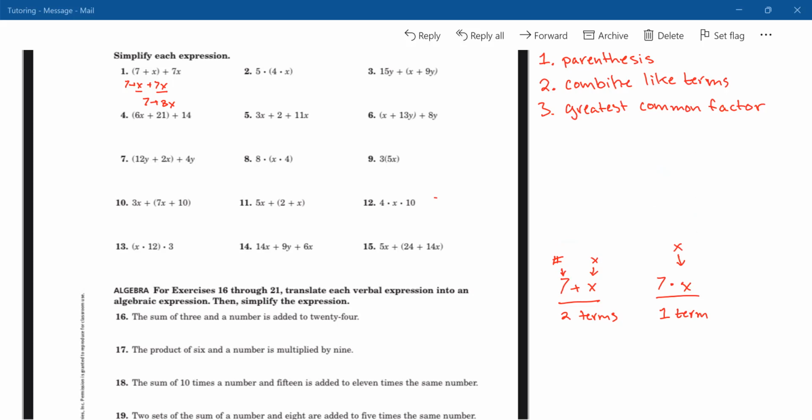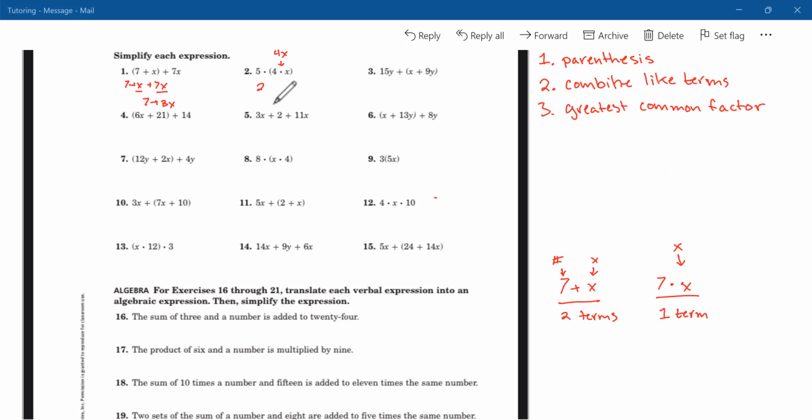So first we look within the parentheses, and we notice that we have 4 times x, which can also be written as 4x, which is a single term. We also know that 5 is multiplied to the parentheses, which means we have to distribute it. However, since there is only one term within the parentheses, we simply have to do 5 times 4x.